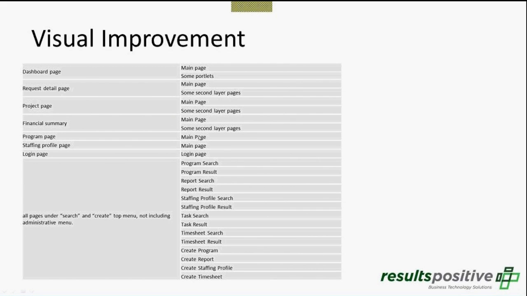It's in the financial summary, the program, and the staffing profile, obviously the login page, and then all of the pages under search and create within the top menu, not including the administrative menu, have been given the new look and feel of PPM 9.2.